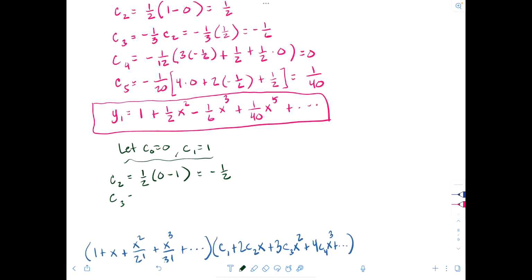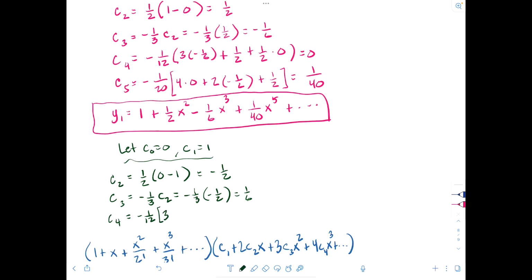C3 will be -1/3 times C2, and C2 was -1/2, so -1/3 times -1/2 will give us +1/6. C4 will be -1/12.